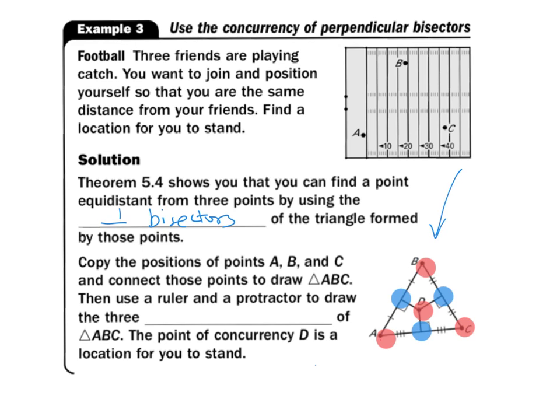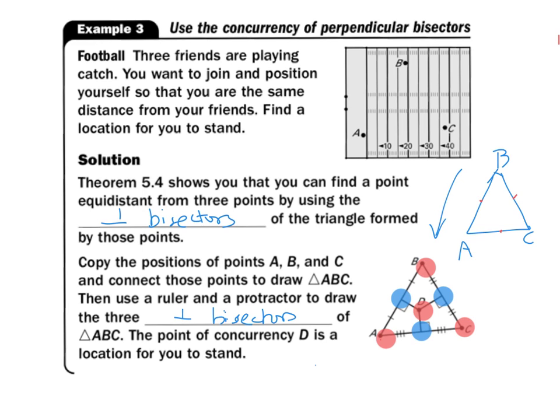Okay, so you have to use a ruler and a protractor to draw the three perpendicular bisectors of ABC. And then that's how you find point D. Again, draw the triangle ABC, like what we do right now. So if I have ABC, then use your ruler, find your midpoint, 2, 3.